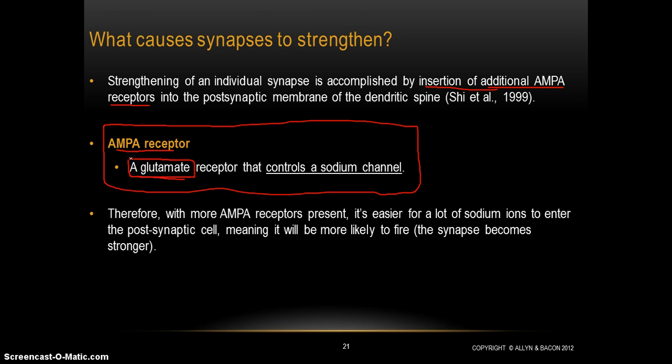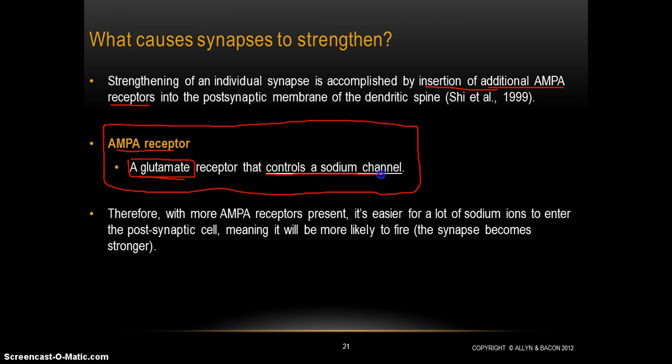And so just like NMDA receptors, which control a calcium channel, so when NMDA was opened, calcium could come flooding inside the cell, AMPA receptors control a sodium channel. And so what does that mean?